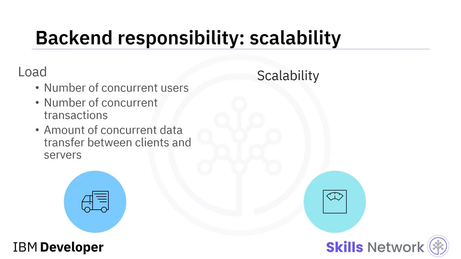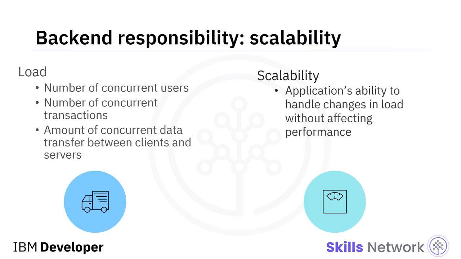Web applications should be scalable. Scalability is the application's ability to dynamically handle the load as it grows or shrinks without it affecting the application's performance. Scalability is essential for the success of a client-server application.